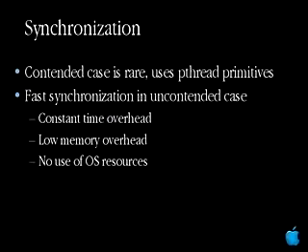First, I wanted to explain, when we talk about synchronization, what is a contended case. A contended case is when you're executing in one thread a synchronized block, be it a synchronized method or a synchronized statement on a particular object, and a different thread comes in and tries to do a synchronized block on the same object.